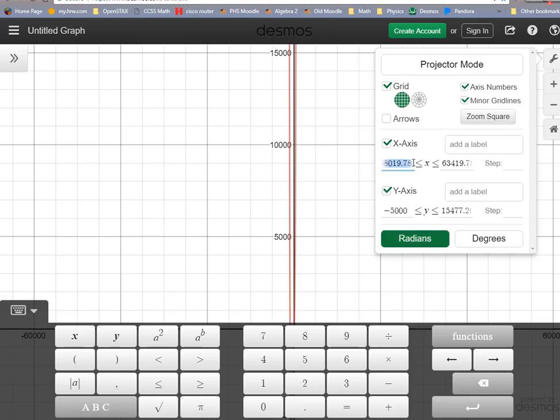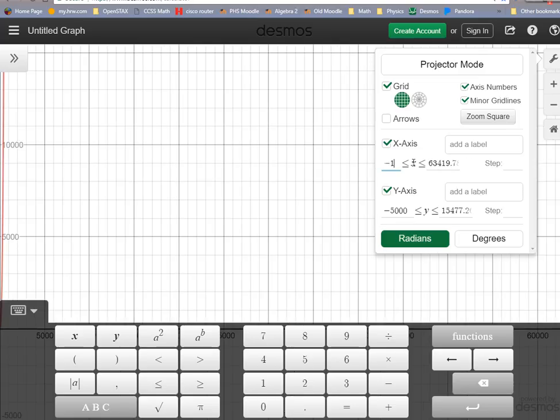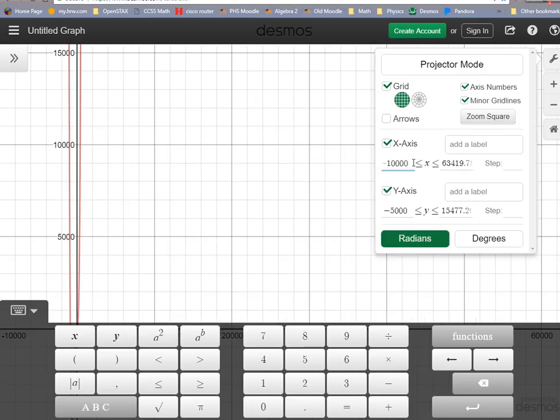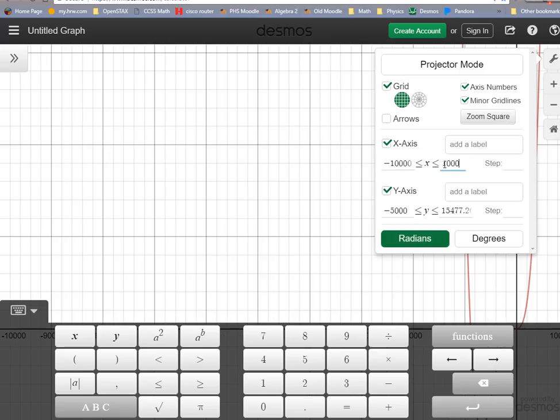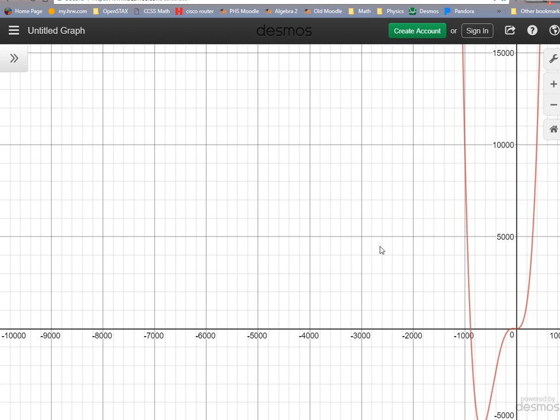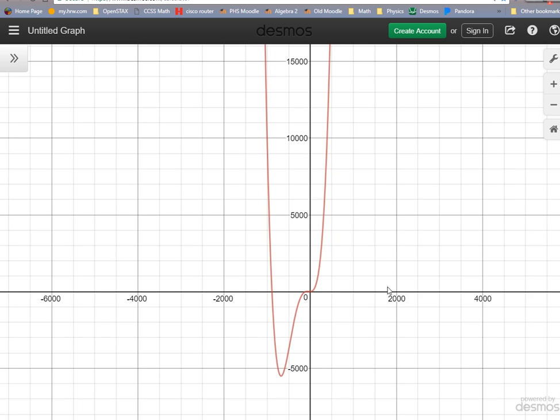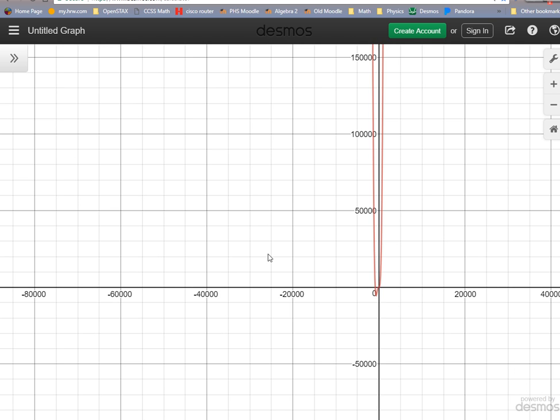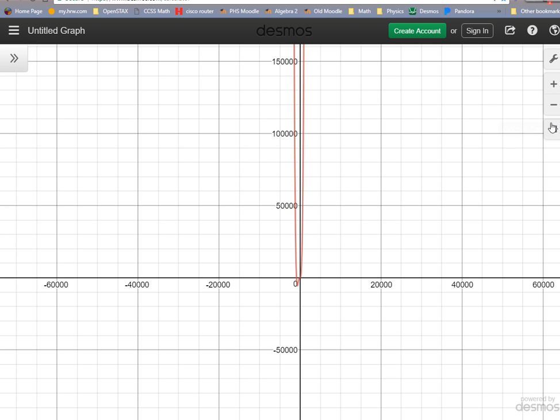Let's let this one go negative. Okay, let's try that. Okay, that'll work. What's it starting to look like? Icicle. Icicle, true.